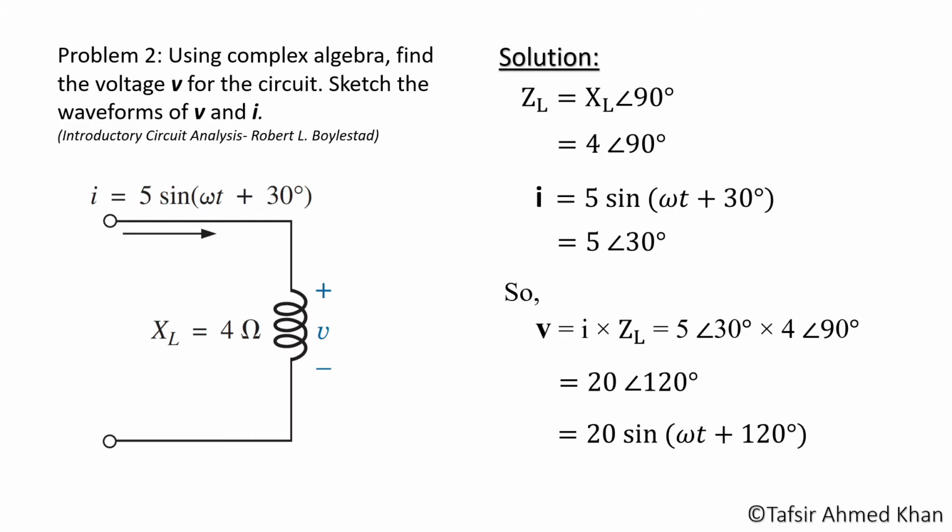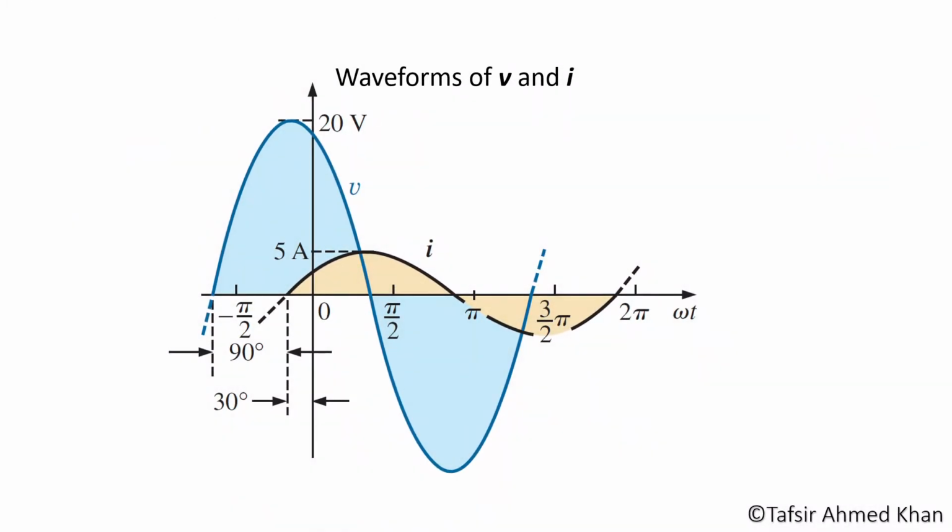Now, see the waveforms of v and I. The blue waveform is the waveform for v, and the peak value is 20 volt. And the black waveform is for I. The peak value is 5 ampere.